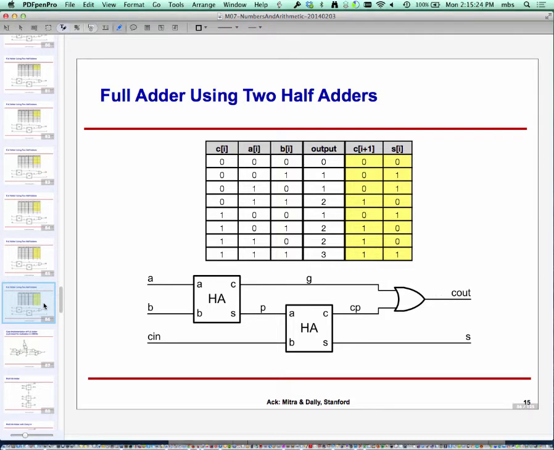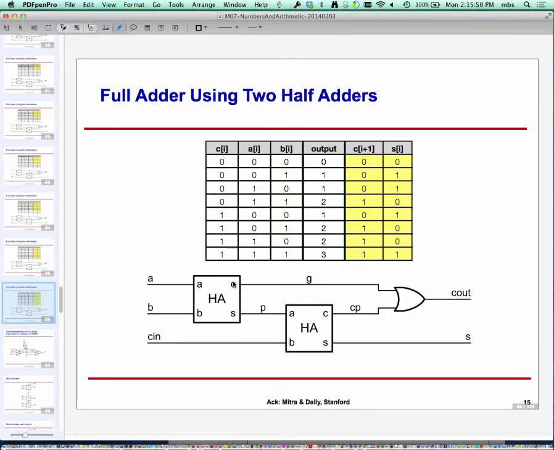So what we have really out here is, I have 3 numbers now, A, B, and C, 3 1-bit numbers. I'm going to use a half adder to add 2 of these bits. The output I'm getting is sum and carry. And conceptually, what's happening is sum represents the unit position bit, and carry represents the twos position bit, right?